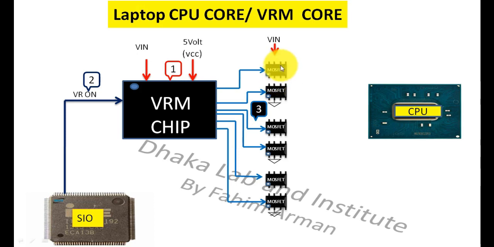And then, as you know, I told you first that there will be VIN voltage in the main MOSFET's drain of all these phases.